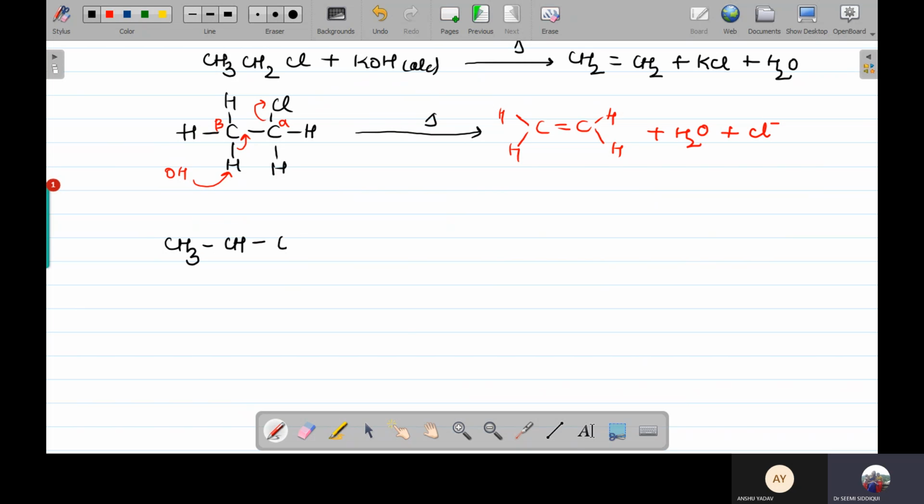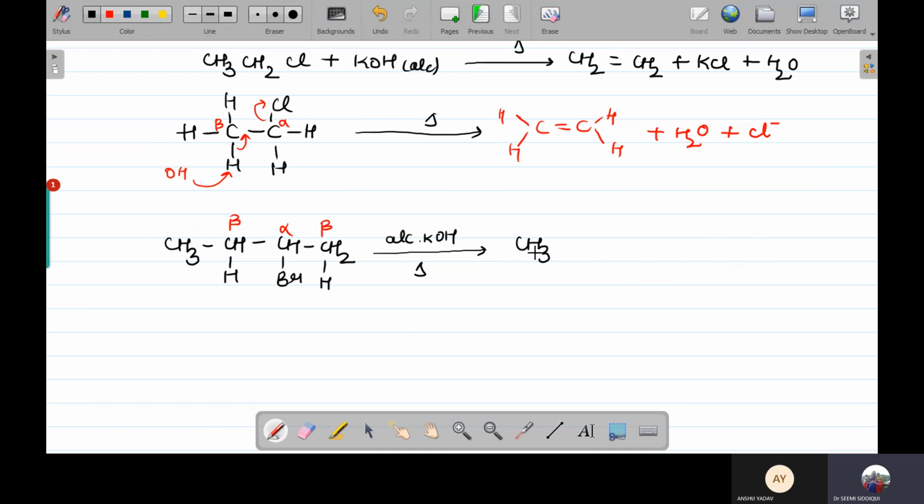CH3, CH, CH, CH2, H, Br, H. Now in this case, if you look, this is my alpha carbon atom. This is my beta carbon atom. This is my beta carbon atom. So this will be alcoholic KOH and heat is given.